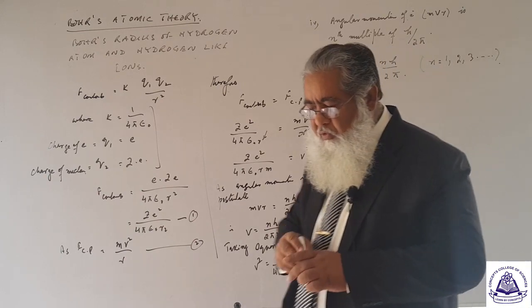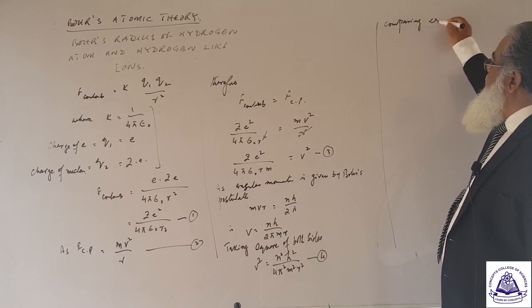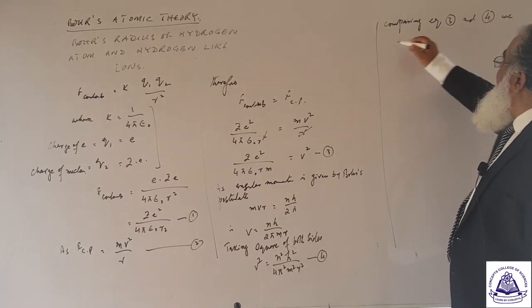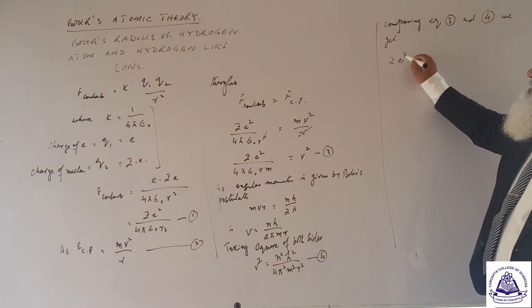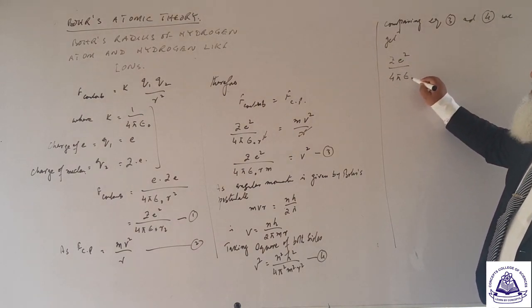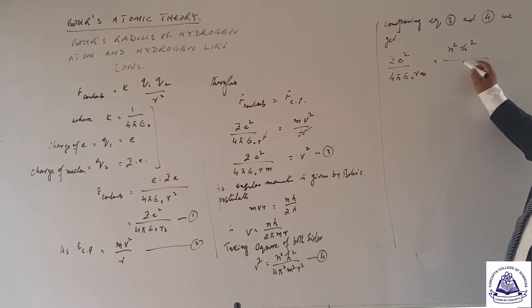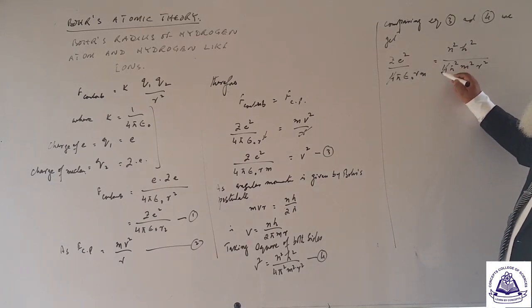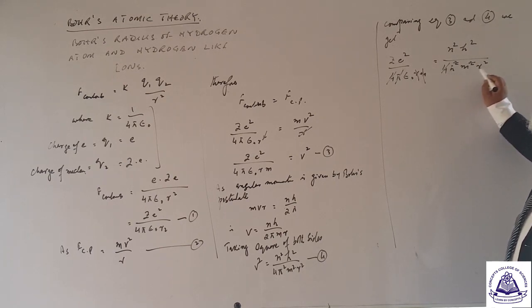Equation number 4. Comparing equation 3 and 4, we get Z e square over 4 pi epsilon naught r m is equal to n square h square over 4 pi square m square r square. 4 is cancelled with 4, pi with pi, m with m, and r with r.